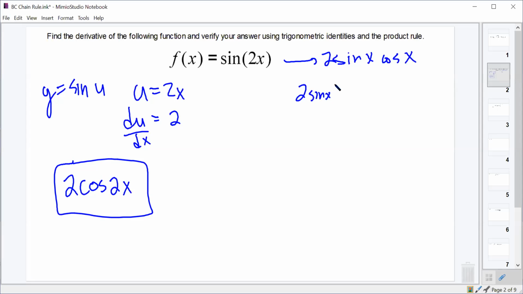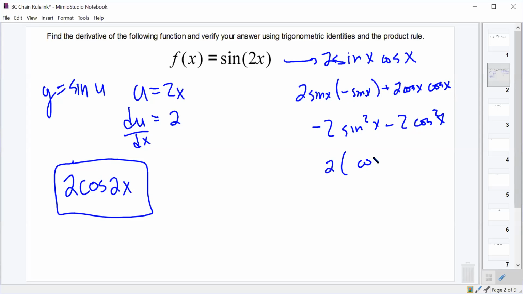So 2 sine x times negative sine x plus 2 cosine x times cosine x, which is negative 2 sine squared x plus 2 cosine squared x, or 2 cosine squared x minus 2 sine squared x, which is 2 times cosine squared minus sine squared, which is the double angle identity for cosine that you should be familiar with. So it comes out the same either way, but obviously the chain rule is a lot less work. Everybody good with the chain rule part?